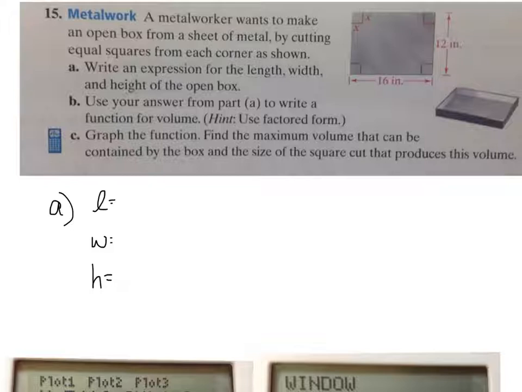I think I'm going to start with height. Thinking about this, if he cuts out these squares, how high is this box going to be? Like the sides that he folds up, how tall are those?